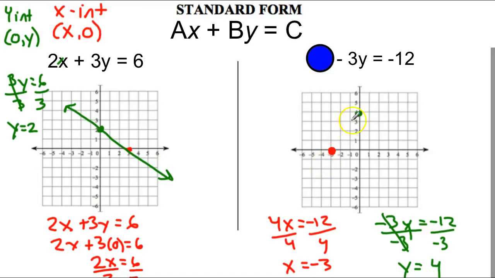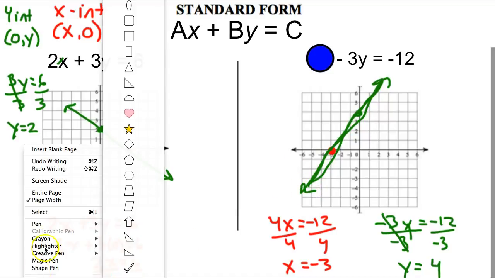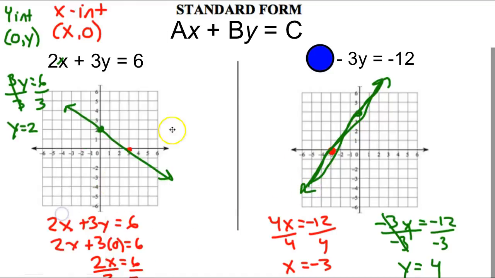I connect those two dots. Use a ruler, make that look nice. But there you go. We graphed two lines using intercepts, and it's easy to find the intercepts when you have the equations in standard form. Alright, awesome. Let's keep going.